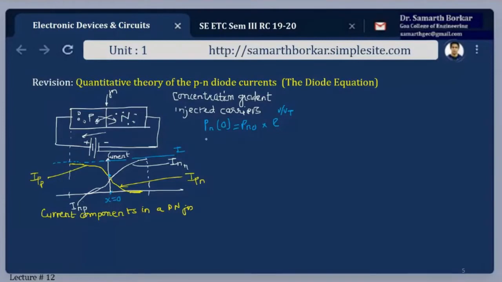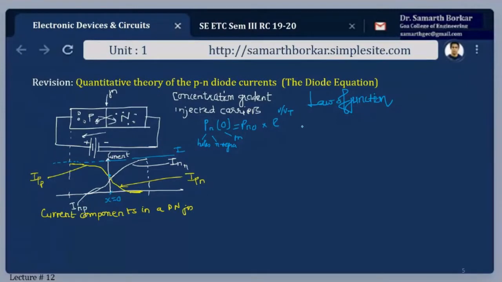Now, what will be the concentration of holes right at the junction, that is x equal to 0 in the N region? The holes in the N region right at the junction will be equal to Pno into e raised to V by Vt. This is referred to as the law of the junction.